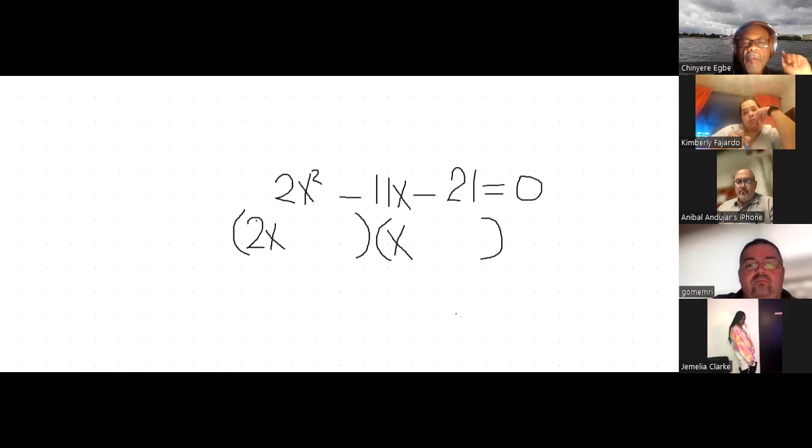Now, for the x squared here, this 2x squared, you have to think about 2 values that when you multiply them, you will get the 2x squared. And for the constant value here, 21, you have to get 2 values, which when you multiply them, you will get 21. When you sum them with the multiplications of the x's, you will get minus 11.